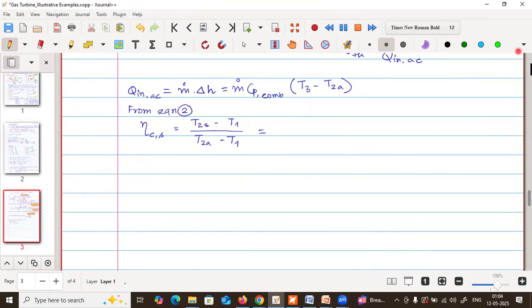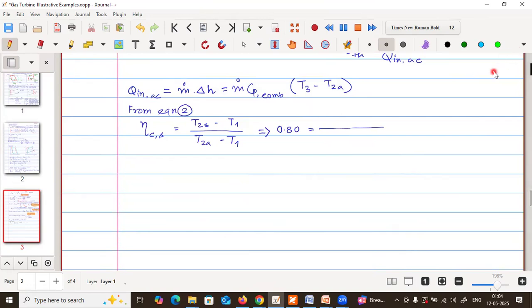So T2S is equal to, so it means basically this is equal to 0.80. What is T2S?